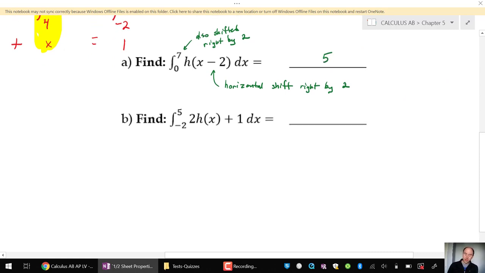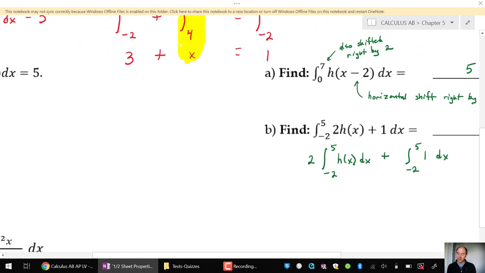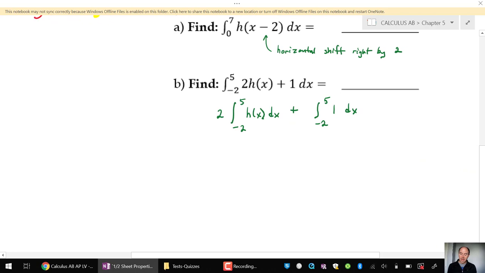Now, to conclude, let's look at this last part here. I'm going to write this integral with the constant of 2 on the outside times the integral from -2 to 5 of h plus the integral from -2 to 5 of 1 dx. So the integral of a sum is the same thing as the sum of 2 integrals. Let's see if I can put some pieces together here now. The integral from -2 to 5 of h was given as 5.